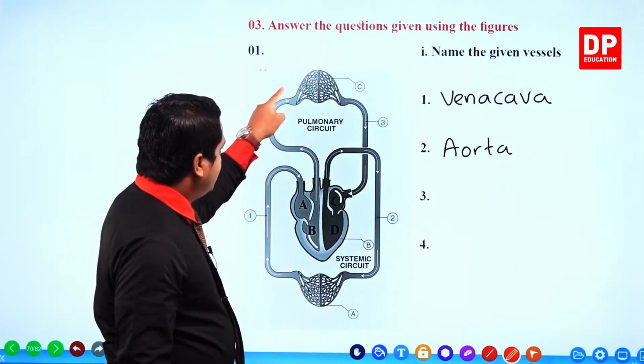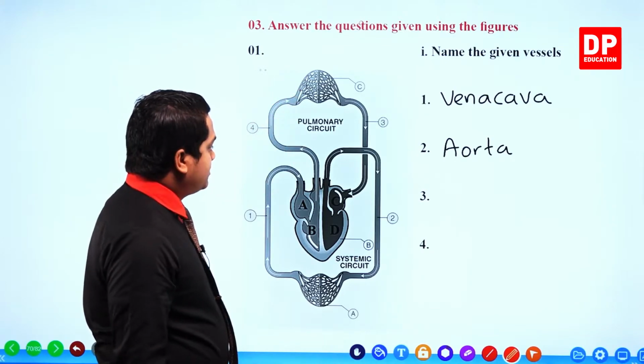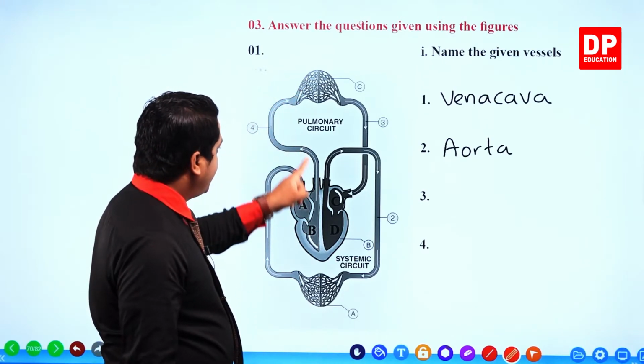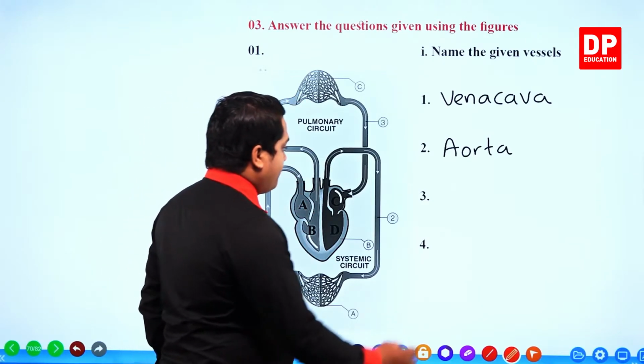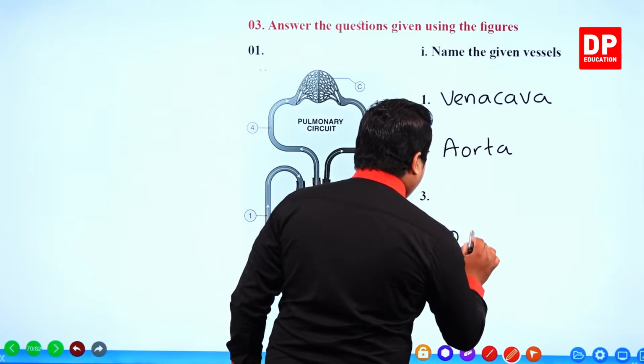Pumping blood to the lungs, my dear children, by number 4. So number 4 should definitely be the pulmonary artery.